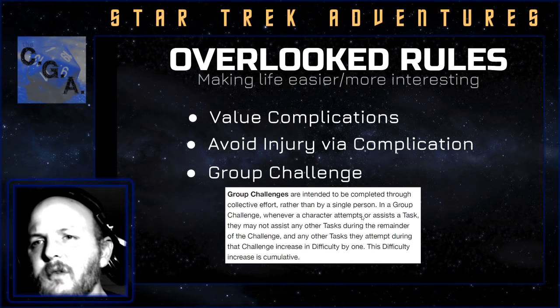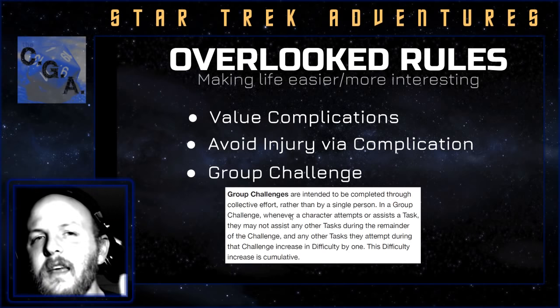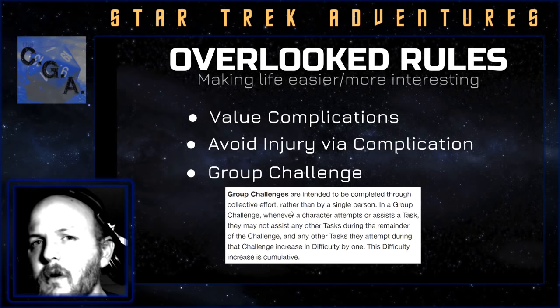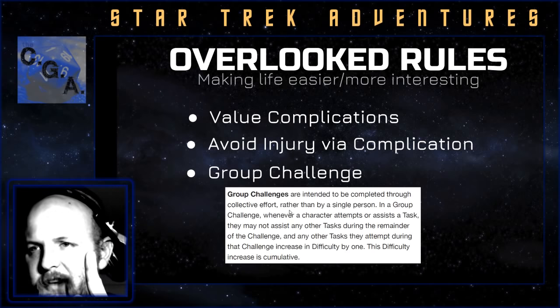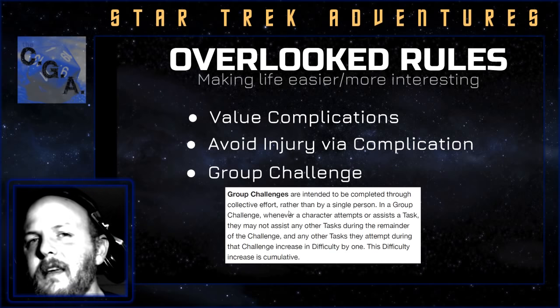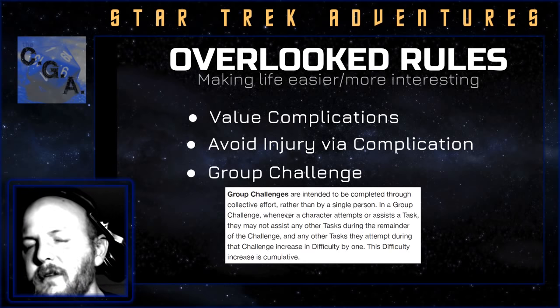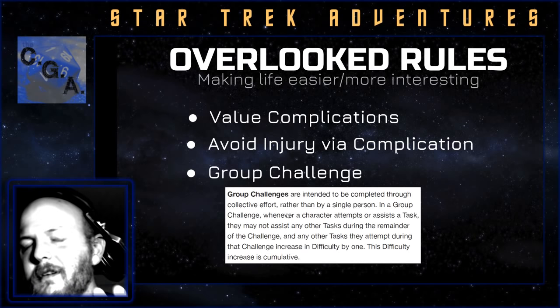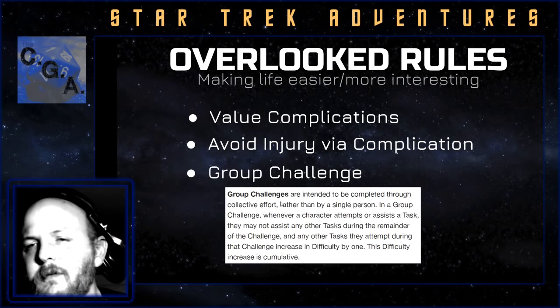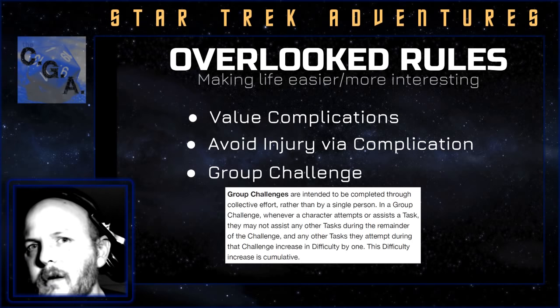In a group challenge, when a character attempts or assists, they cannot assist again. So if you roll any dice or you throw in your assist dice on another guy's task, you can't assist again. Second, after you've thrown dice once, your tasks are difficulty +1, not unlike Swift Task, and you can keep doing tasks, but they'll keep getting harder.